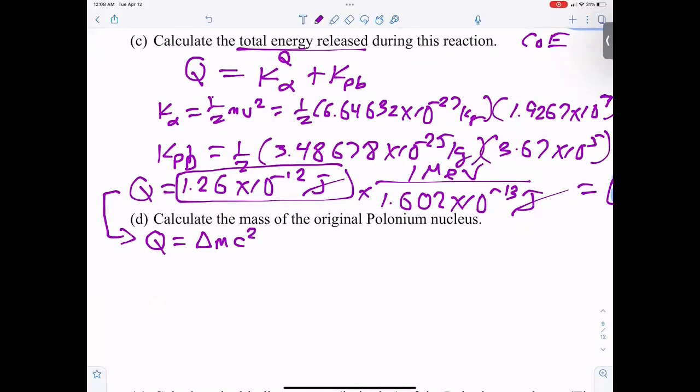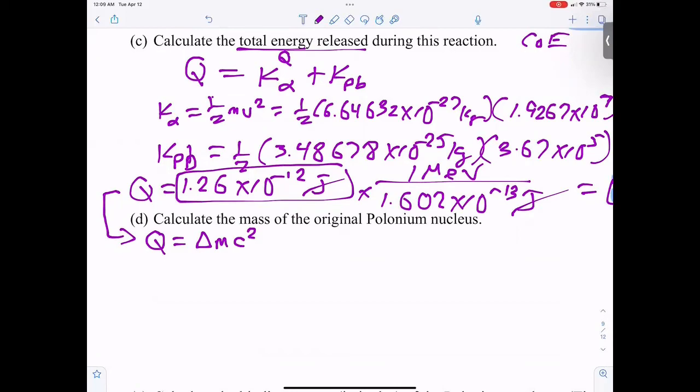Remember, the mass defect is the difference between the mass of all the little parts that make up the atom and the mass of the atom itself. That may seem counterintuitive, like, how could the masses be different? Well, the fact is you're going to lose a tiny fraction of mass in any nuclear reaction because some of it has converted to energy, hence the concept of mass energy equivalence.